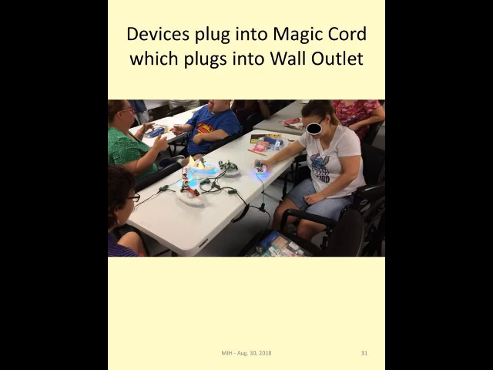So we talked about devices plug into the magic cord, which plugs into the wall outlet. And let me tell you, it was really fun. It was like a little scavenger hunt almost because there's a lot of things you just don't pay attention to. They work and they run, and that's about all there is to it. And I think that's why the science teacher really liked the little scavenger hunt of, okay, where are the wall plugs in this room? If we want this thing to work, we're going to have to be able to find a wall plug.